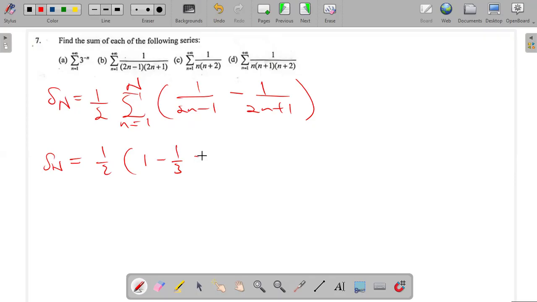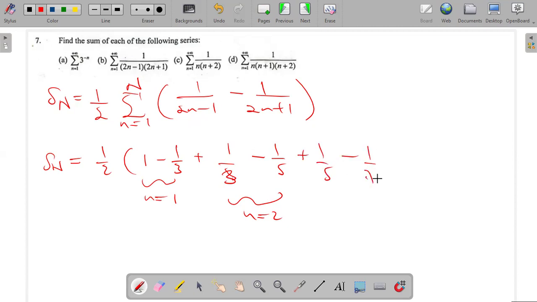Then it goes on. So this is the first pair, that is when n is equal to 1. Then if it's 2, that will be 4 minus 1, which gives me 3, so 1 over 3, then that will be minus 1 over 5. So this here is when n is 2. Then I have plus 1 over 5 minus 1 over 7.